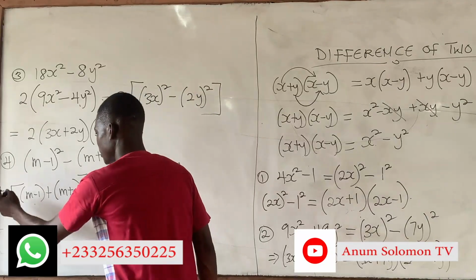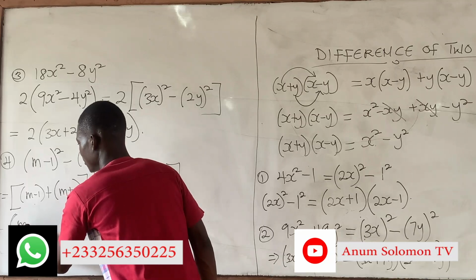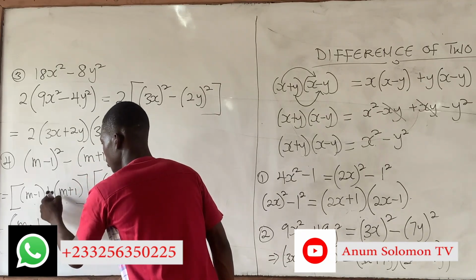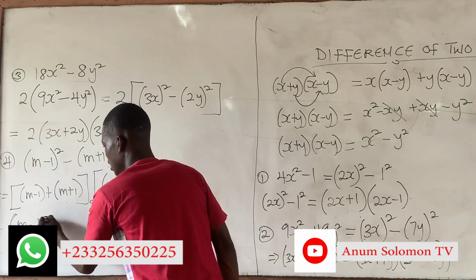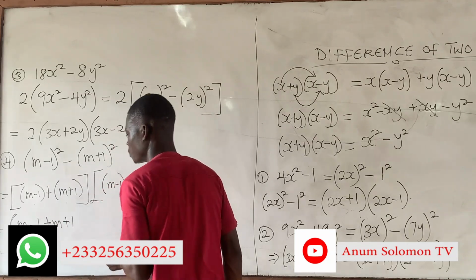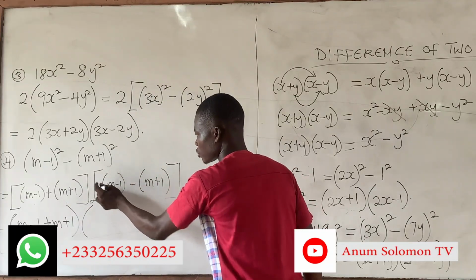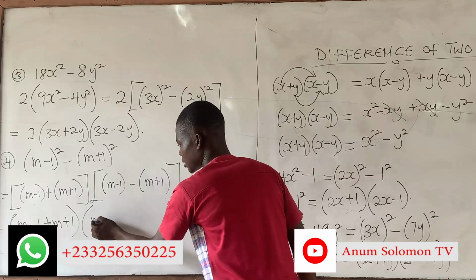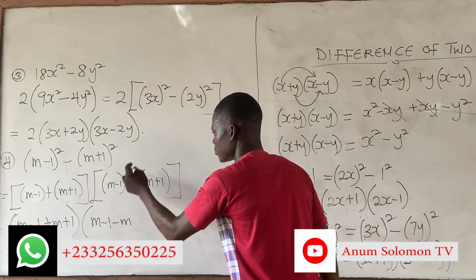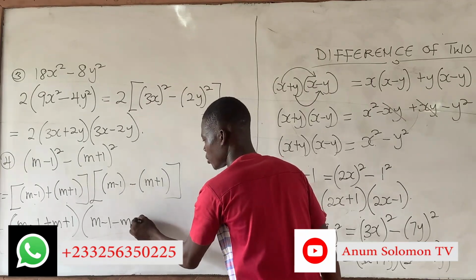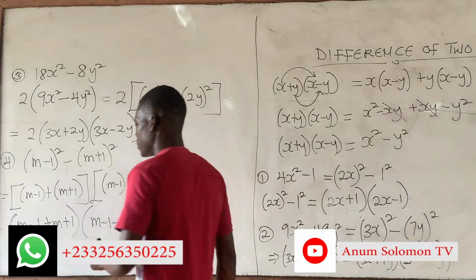Now let's expand this bracket. We have m minus 1, plus m plus 1, close the bracket. Let's simplify the second bracket. Let's use positive 1 to expand this bracket. We have m minus 1, so negative 1 times m is minus m, and minus 1 times positive 1 is negative 1. Sorry. So let's simplify all the terms.